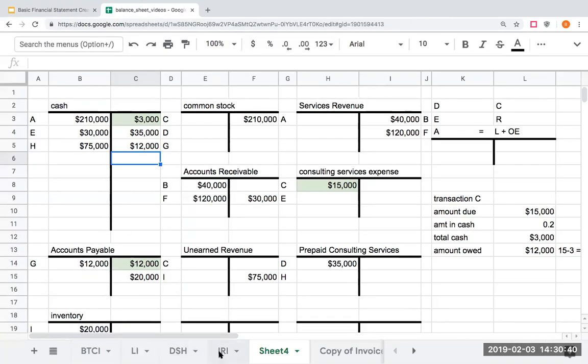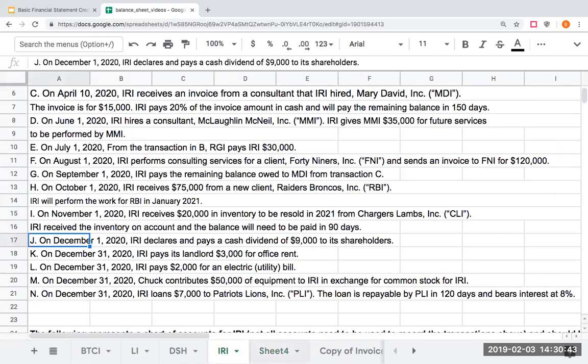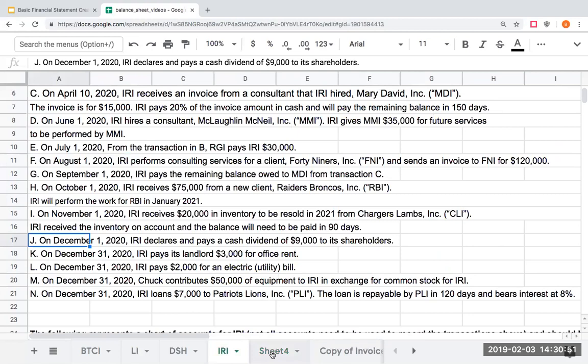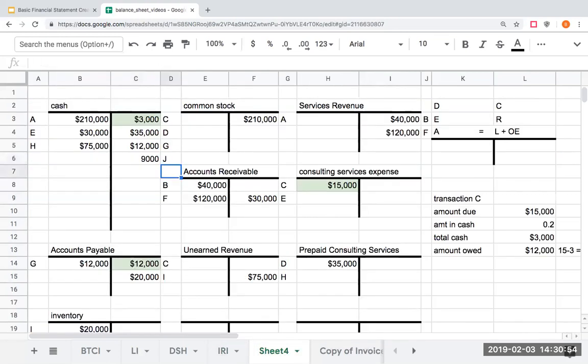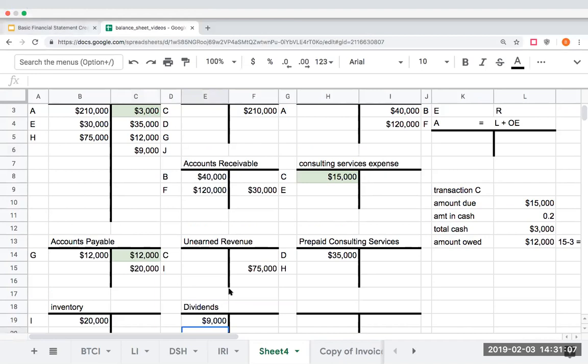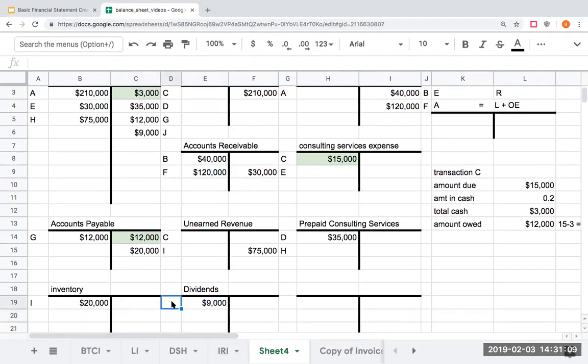So my dividend that was declared and paid was $9,000. So here, I'm going to credit cash for $9,000. And this here is going to be transaction J. So for every credit, I need a debit. And what I'm going to be debiting is dividends for $9,000.